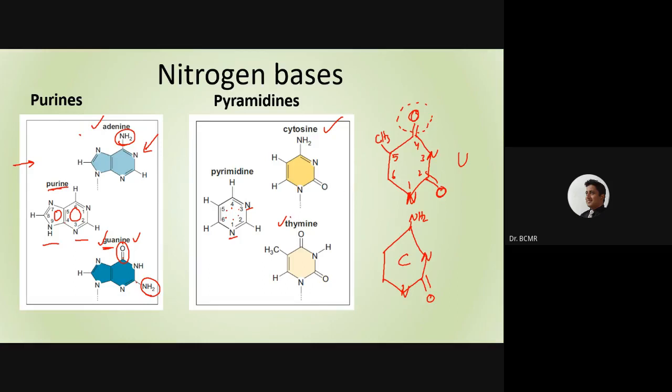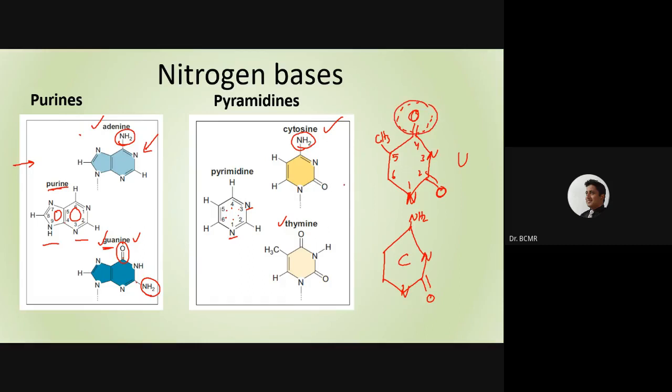For pyrimidines, I remember uracil, which is present in RNA and not in DNA. The difference between uracil and cytosine is that it has an amino group at the fourth position, this one. Then it is cytosine.